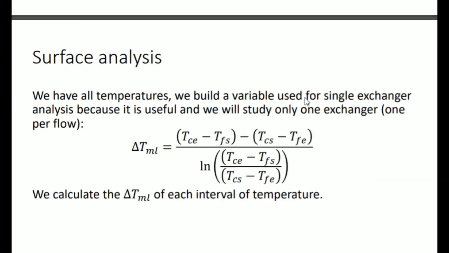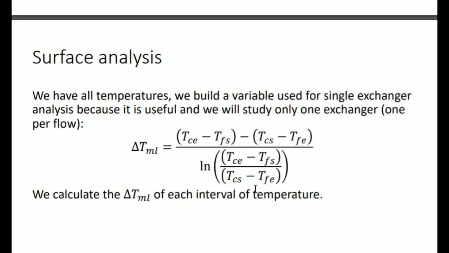Now back to this. For heat exchangers, we are used to the variable called delta TML, which relates the 4 variables of one exchanger. And it turns out that since we have isolated all the intervals of enthalpy, we can use this variable for each of the intervals of enthalpy.